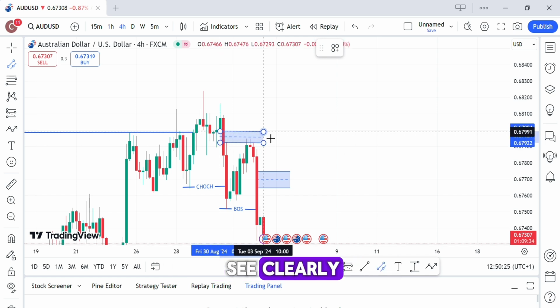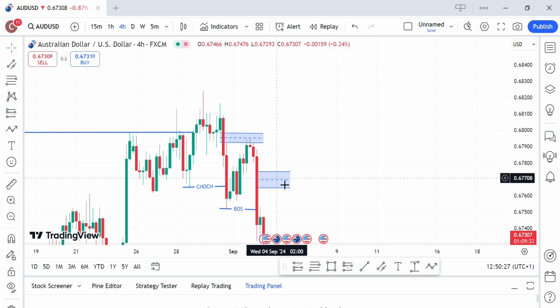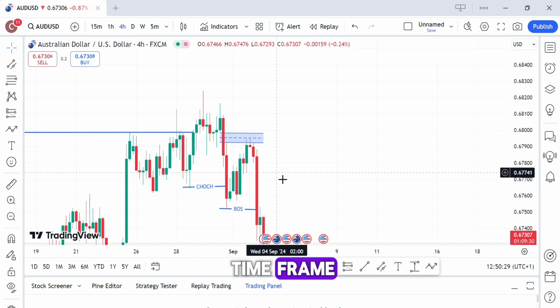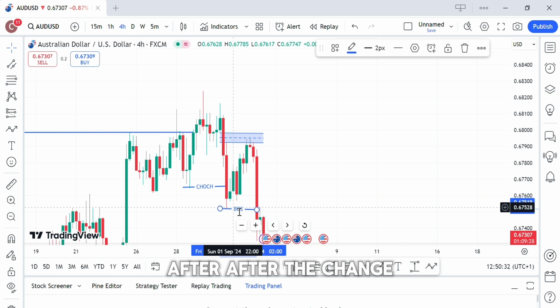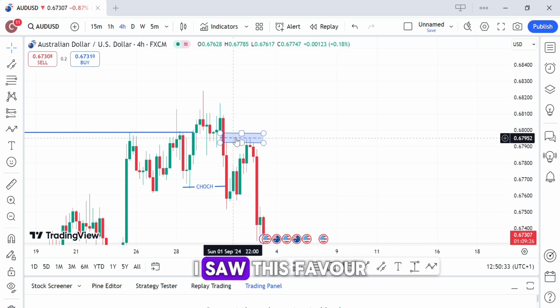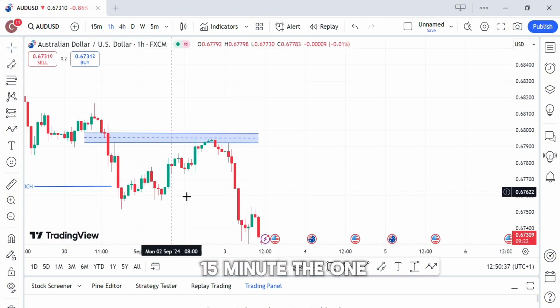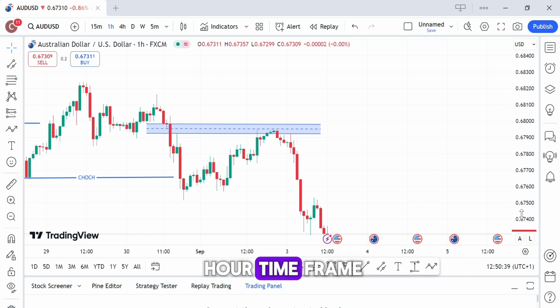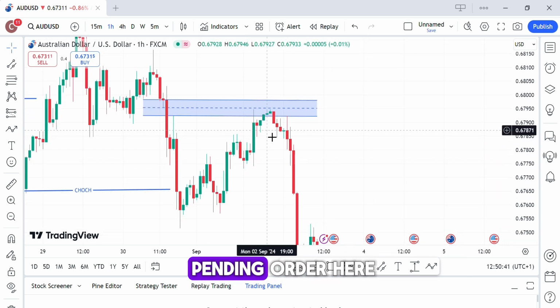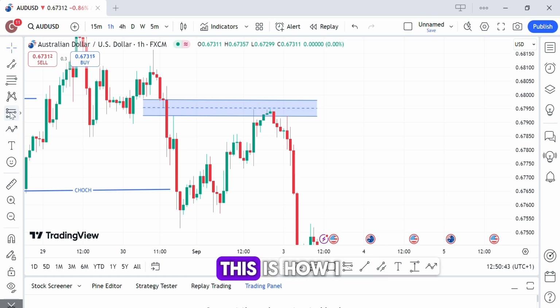You can see it clearly on the 4-hour time frame. After the change of character, I saw this fair value gap imbalance. I went to the 15-minute, the 1-hour time frame, and I put my pending order here. This was how I took the trade.